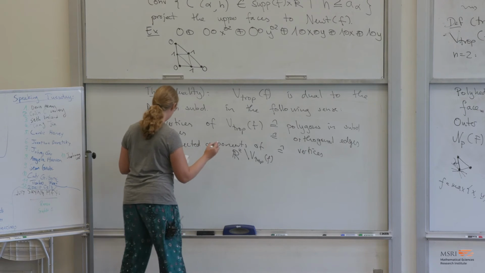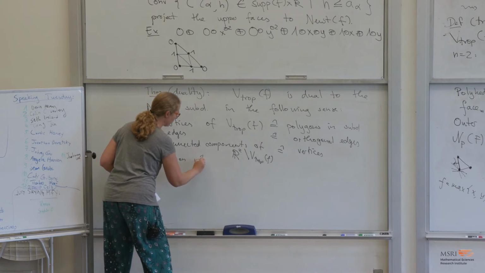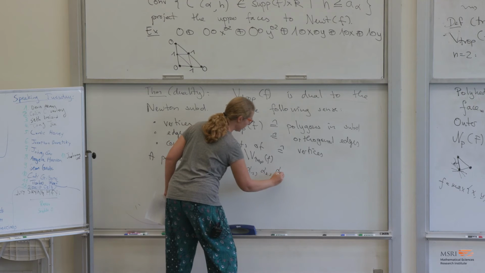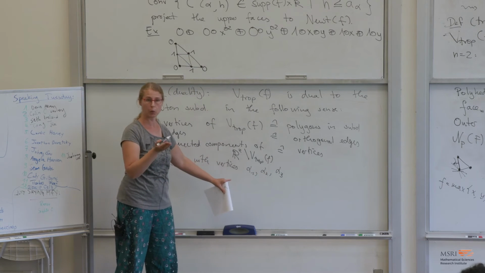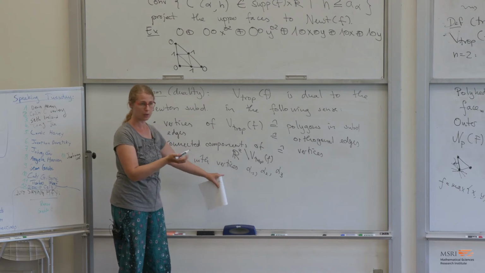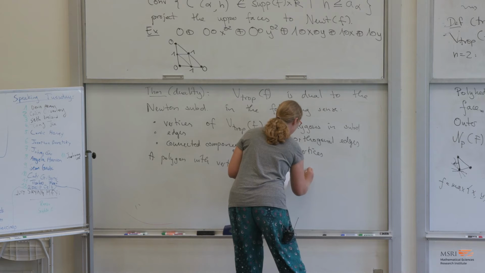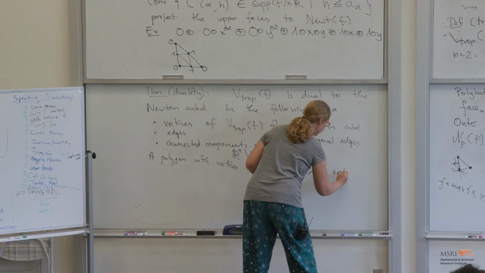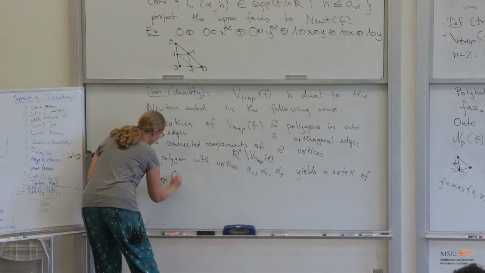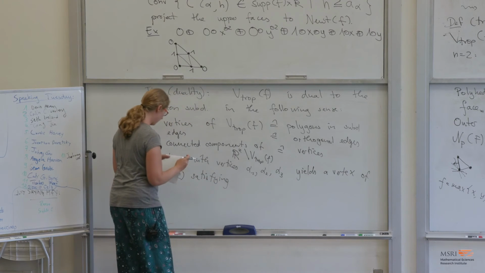Yeah, more precisely, a polygon with vertices alpha 1, alpha 2, alpha 3. Yeah, so you can think of those as exponents in your tropical polynomial. The exponents correspond to points in the Newton subdivision. They may be vertices of the subdivision. A polygon with these vertices yields a vertex of my tropical plane curve, which satisfies the following equalities and inequalities.